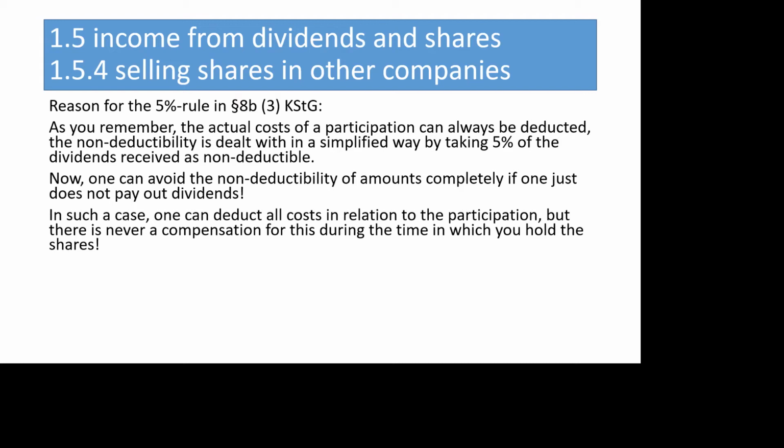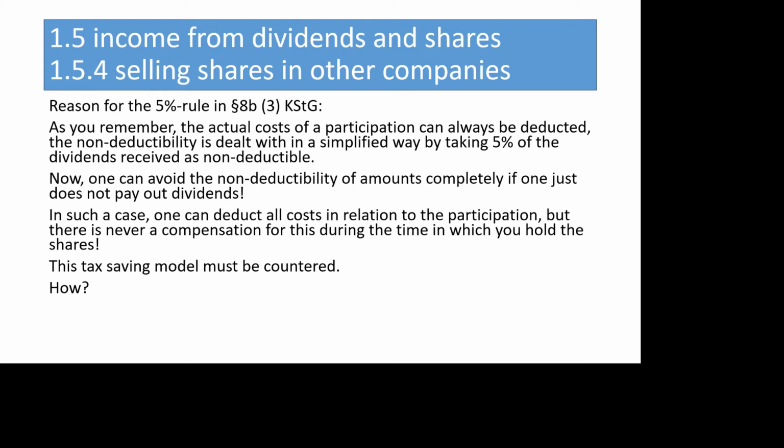You can deduct all your costs in relation to the participation, 8b5 sentence 2, and the compensation which the law has established for that, the 5%, is a 0 amount year after year after year. So that would be a bit unfair. It's a clever tax saving model. Also, that must be countered by a clever legislation. But the question is how, ladies and gentlemen?